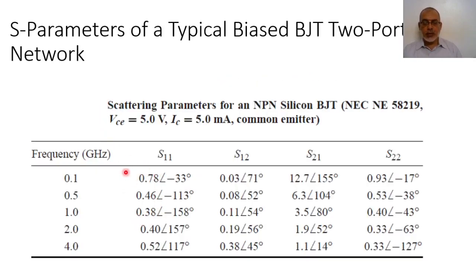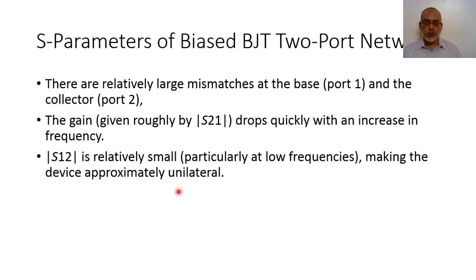This means that the S parameters here are not 0. So we have a large mismatch. The gain, which is given roughly by the magnitude of S21, drops quickly with increase of the frequency. On the other hand, S12 is relatively small, particularly at low frequency, making the device approximately unilateral.